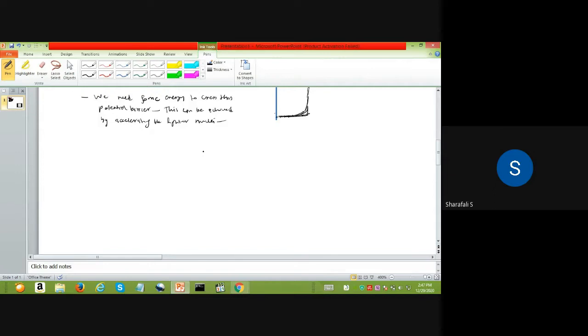Okay. So the first possibility is through accelerating, but if the accelerator requires more energy than is released from this fusion reaction, then it becomes a loss and that idea will not work out. And then we have to look for another idea.